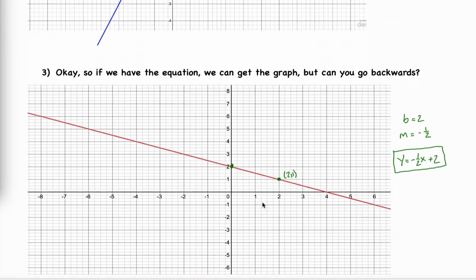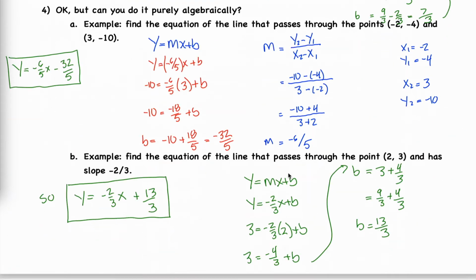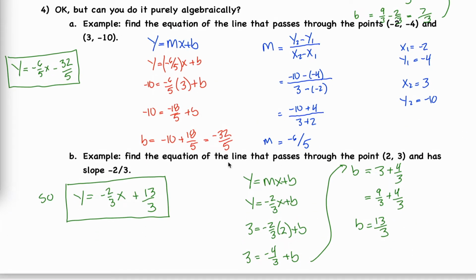We did lots of stuff with slope-intercept form. I worked through several different examples, but the very last thing that I did is we assumed that we had enough information to figure out the slope of the line and one point on the line. That could be given explicitly, as in example B here, or in example A, where we were given two different points on the line and we had to calculate the slope on our own. Either way, we had enough information to figure out the slope and at least one point on that line.